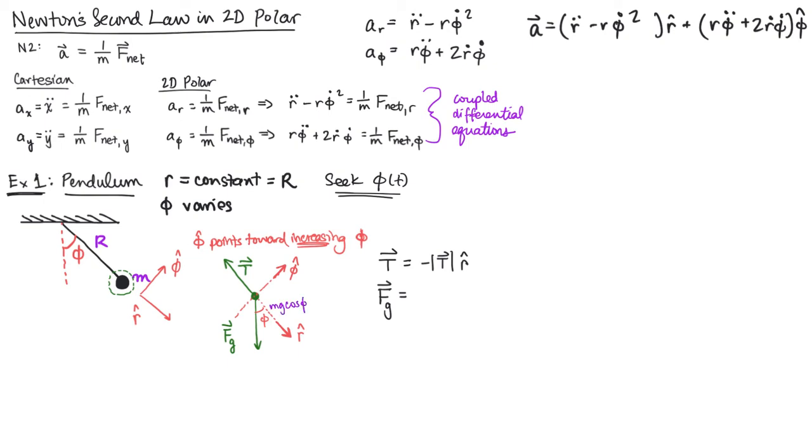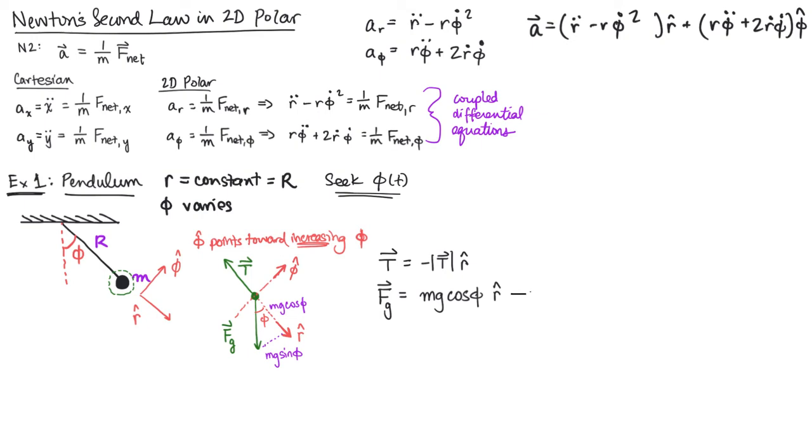Whereas the tangential component will have a magnitude mg times the sine of phi. Okay, so we can write this now as plus mg cosine phi in the r hat direction, and then the phi hat component, the tangential component of the gravitational force, points in the minus phi hat direction.